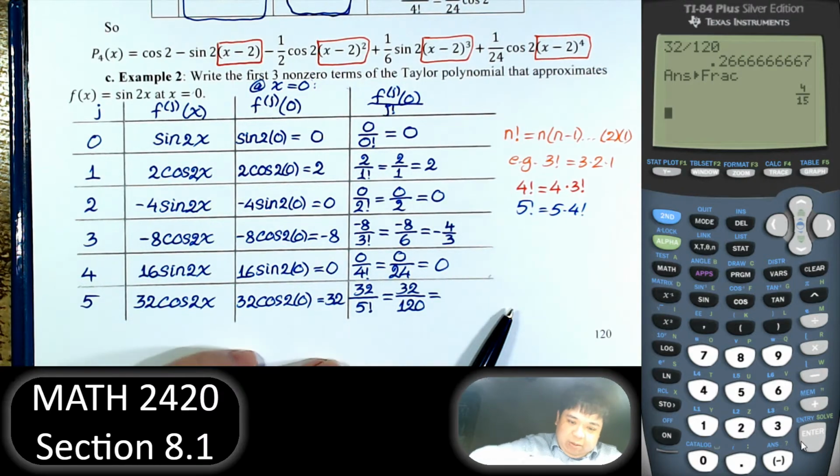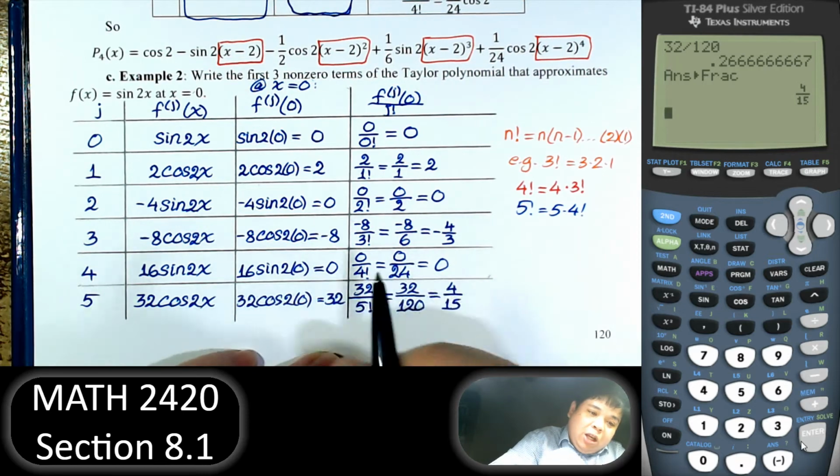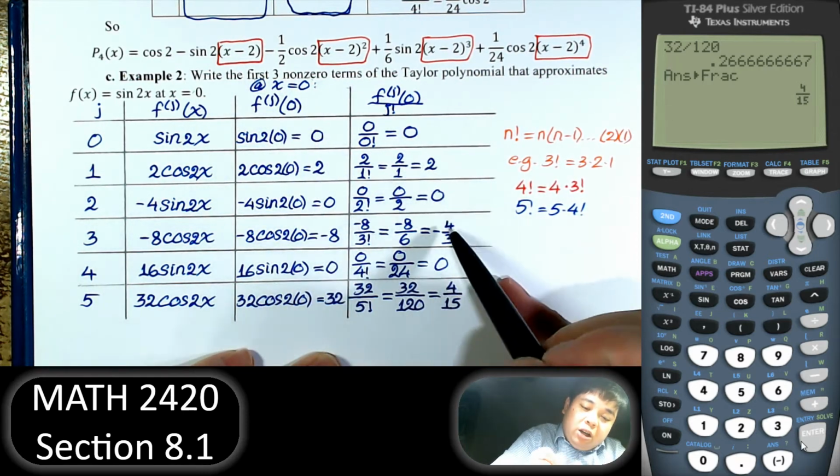Sorry, 4 over 15. Right, so we have 3 non-zero terms: 1, 2, and 3.